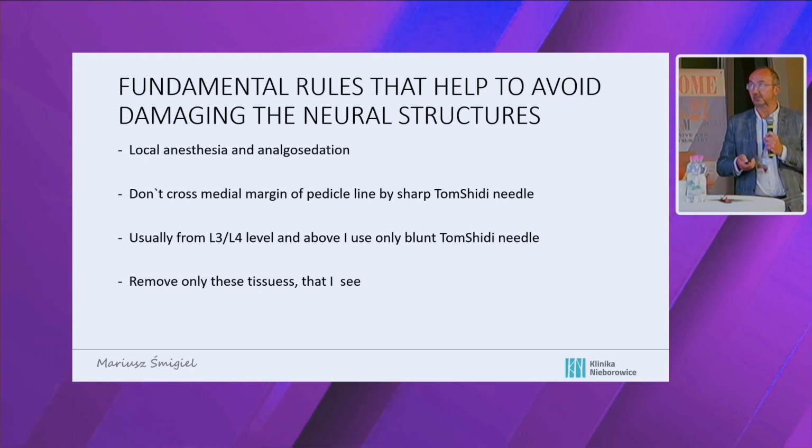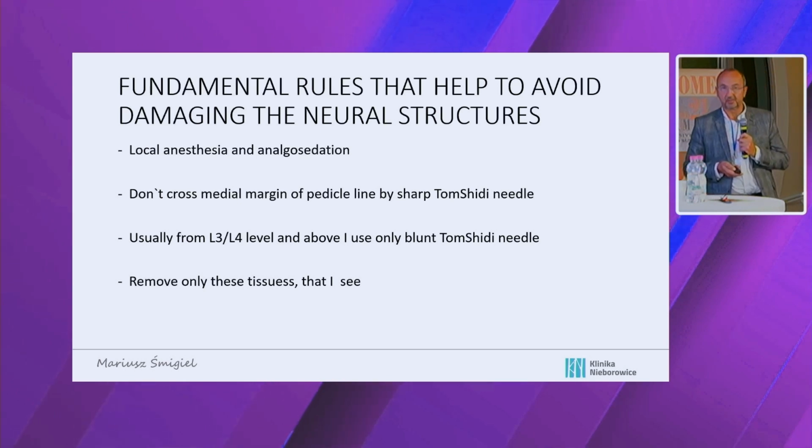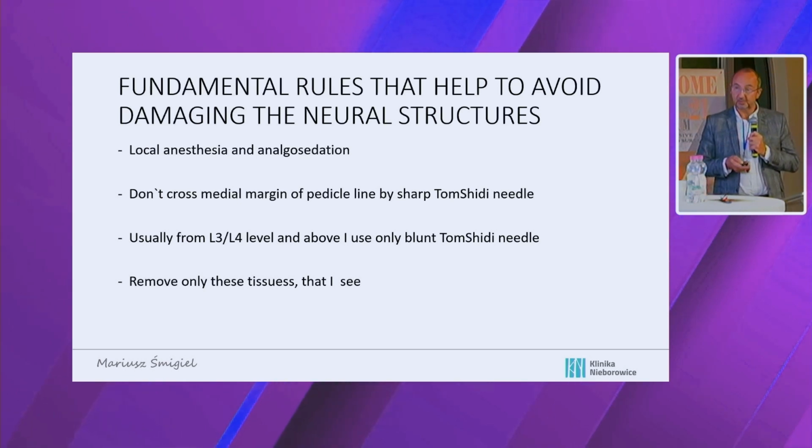Local anesthesia and analgosedation, usually. I don't cross the medial margin of the pedicle line with a sharp Tomshidi needle. Usually from L3, L4 level and above, I use only a blunt Tomshidi. And what is the most important, I think, I remove only the tissues that I see.